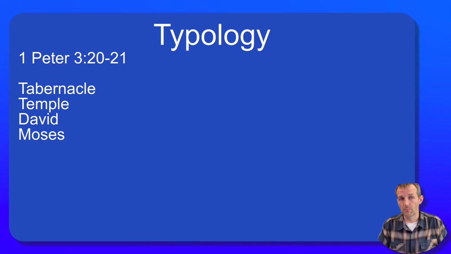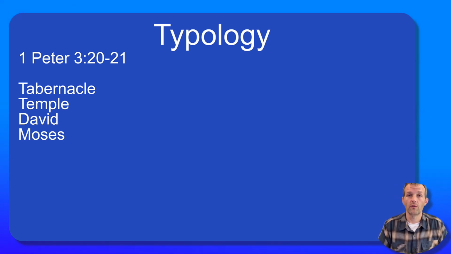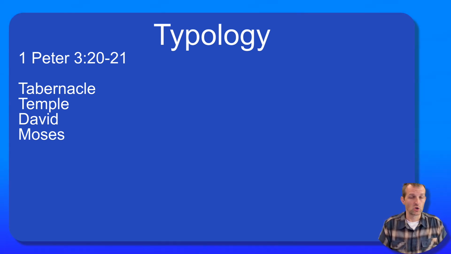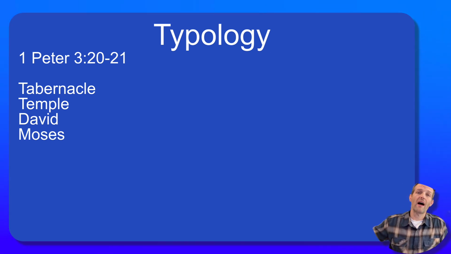In 1 Peter chapter 3, verses 20 through 21, you've got this discussion of Noah and the ark and the flood and baptism, right? Well, the flood seems to be something very, very drastically different than baptism, and yet Peter, writing thousands and thousands of years later, looks back.